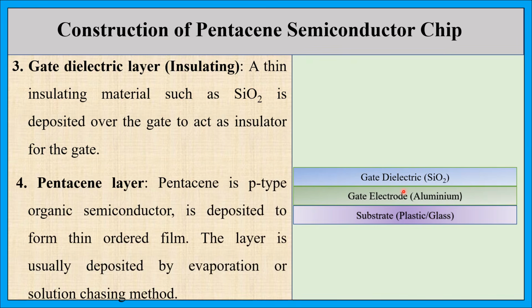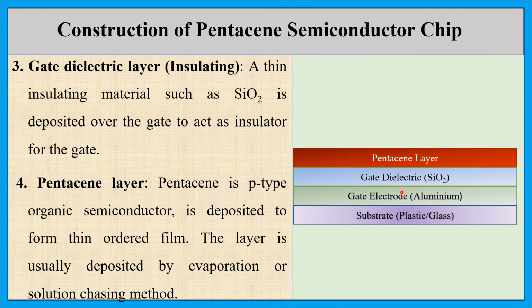The next layer is the pentacene layer. As we know, pentacene is a p-type organic semiconductor, which is deposited to form a thin film on the insulating layer. This layer is usually deposited by using the evaporation method or by using the solution shearing method.